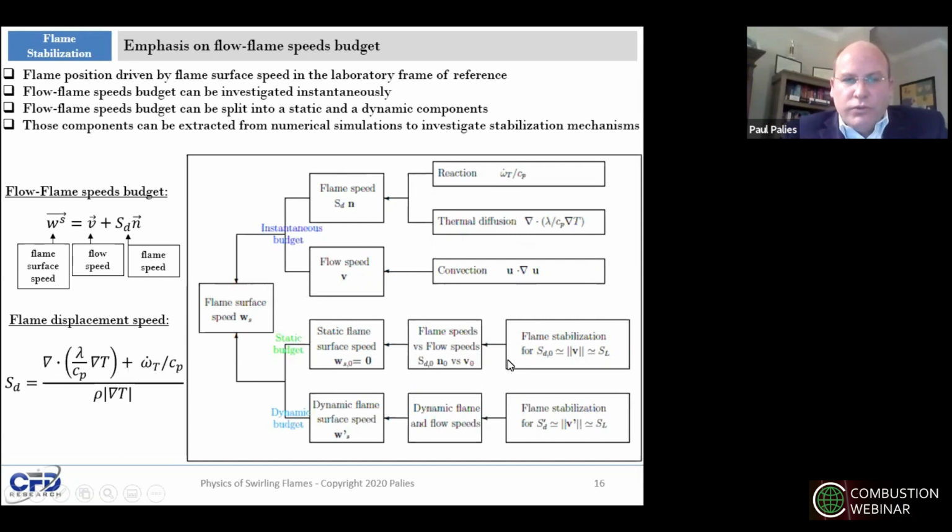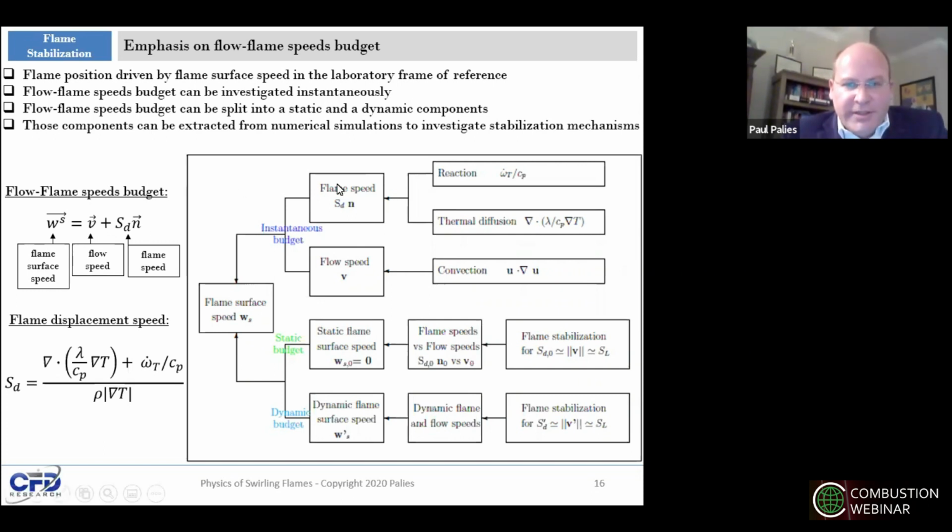So to do that, I want to explain a little bit how I proceed there. I decompose this quantity, the flow flame speed budget, into a static and a dynamic component. You can think of it as splitting it into a time average and a fluctuation component. It's a little bit different, but it's the same principle.